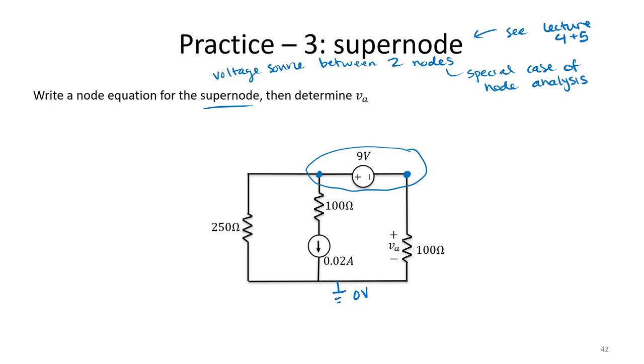You'll remember, if you run into a supernode in your circuit, the strategy to follow is to apply Kirchhoff's current law to the supernode. So you treat the whole supernode as a larger node with the algebraic sum of the currents entering and leaving being 0.